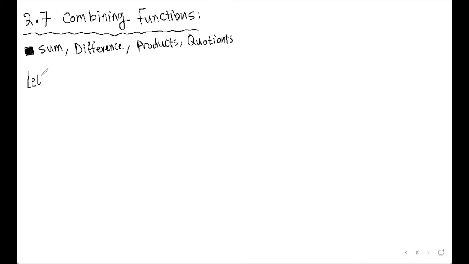So suppose I have two functions. The first function is f, and the second function is g.